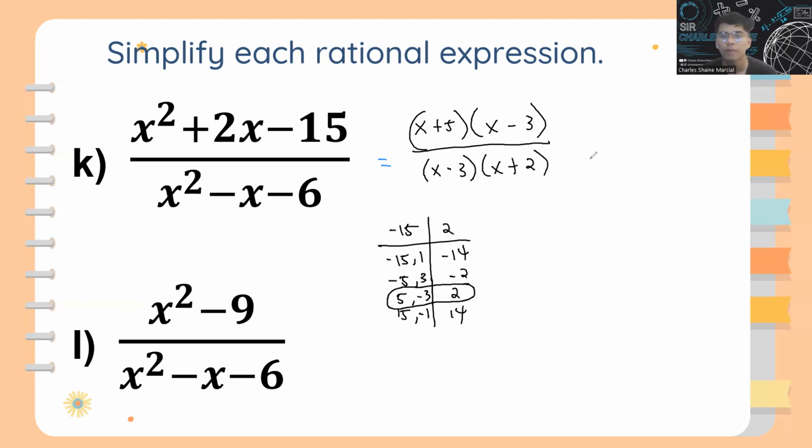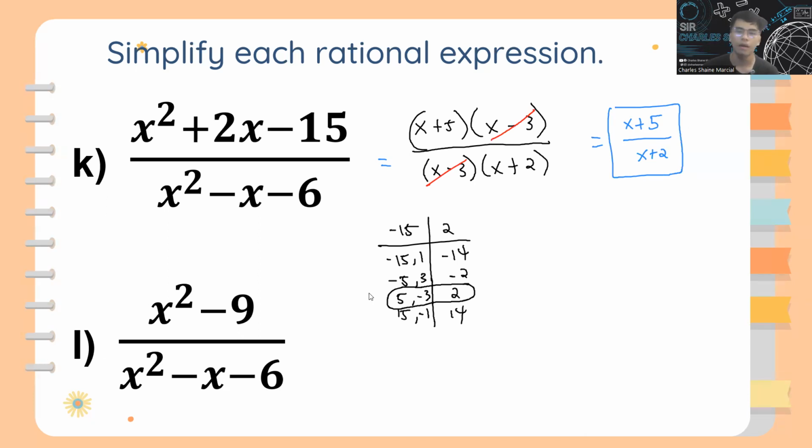Okay? So, meron na tayong nakikitang common factors sa kanilang dalawa. Ano yan? We have x minus 3. And the remaining values are x plus 5 for the numerator over x plus 2 for the denominator. And that is the final answer.